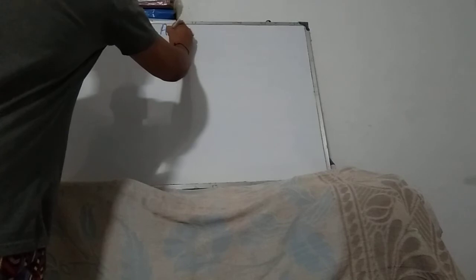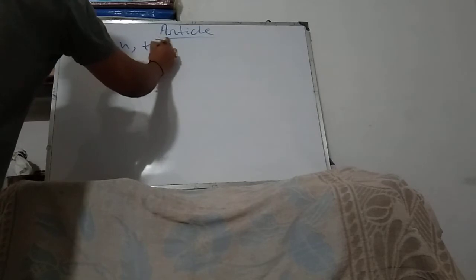First, I am going to discuss the first type of determiner, that is article. We all know a, an, the. When the is used before a consonant letter or consonant sound, it is pronounced as thuh.